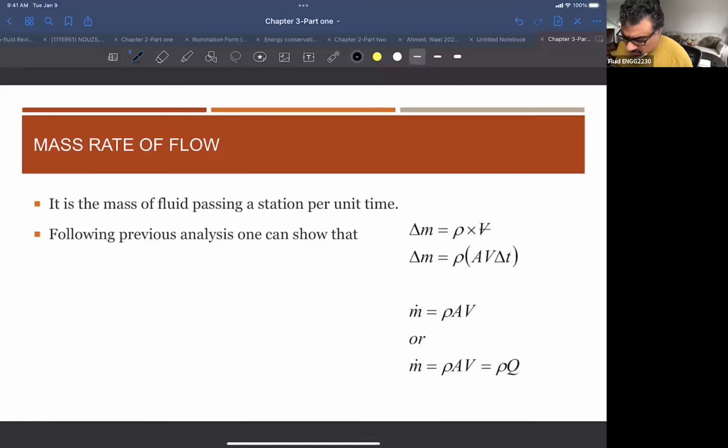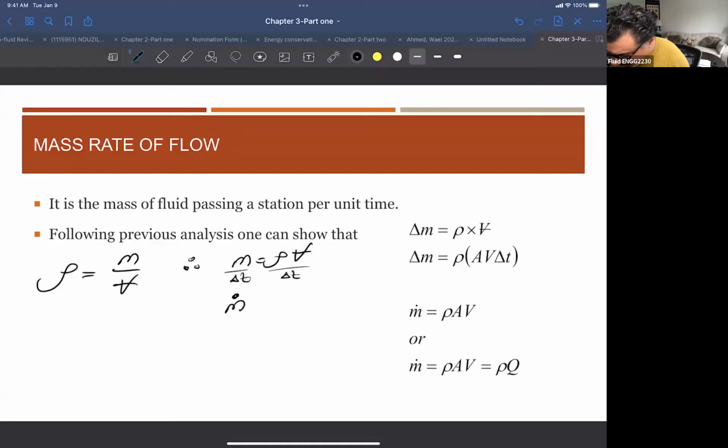Now, what is the difference between volume flow rate and mass flow rate? Okay, we know that density is m over v. Therefore, mass is equal to rho v. Here v is a volume, right? So mass here is rho v. So I can, for example, find out the rate of the mass, or the mass flow rate, by dividing by delta T. Sometimes we call it m dot.